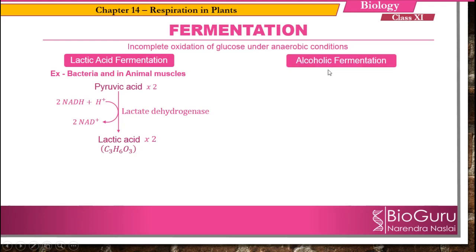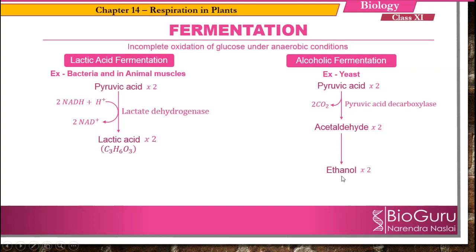In alcoholic fermentation, the example we have seen is yeast. In yeast, pyruvic acid first gets converted into acetaldehyde. During this process, decarboxylation takes place, that means carbon dioxide is removed, and this reaction is catalyzed by pyruvic acid decarboxylase. Further, this acetaldehyde gets converted into the final product, ethanol.